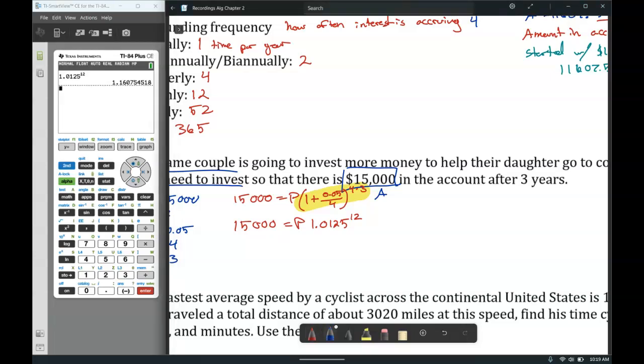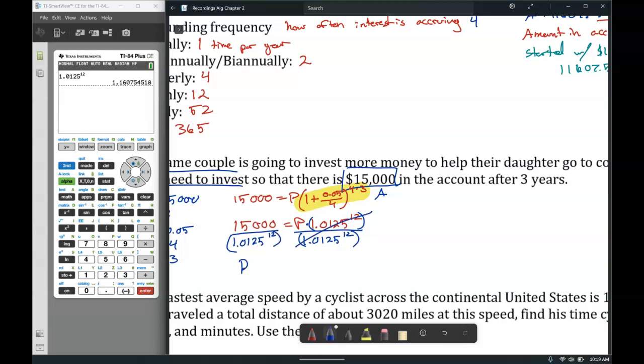If we're solving for P, well, what we have to do to undo that multiplication is divide by this rate along with the exponent. So this factor divided by this factor on both sides, 1.0125 to the power of 12. And so we can divide those.